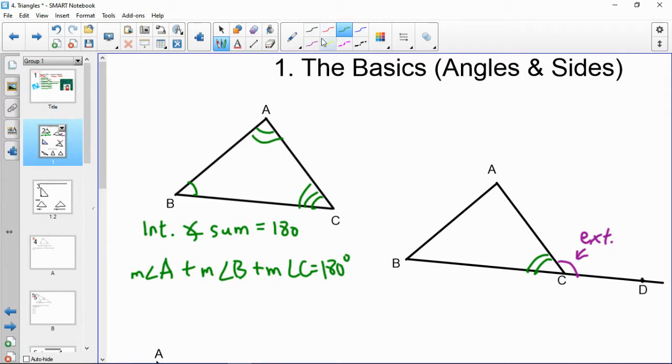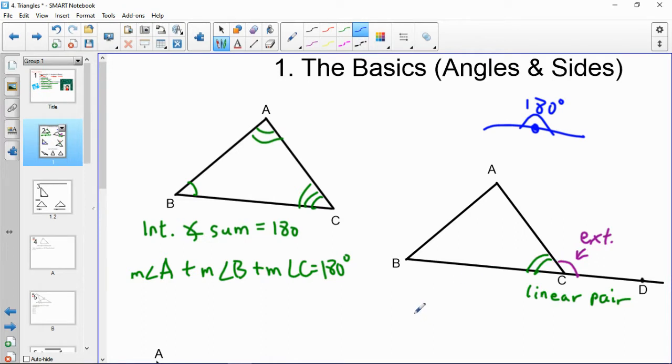So this relationship right here is what we would call a linear pair. And if you remember that any straight angle is always going to be 180 degrees, then you'll know that the green angle and the purple angle here, they're going to add up to 180 degrees.